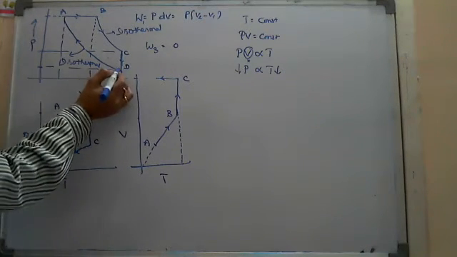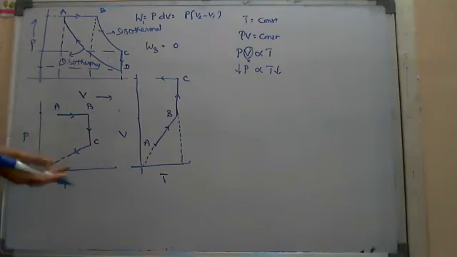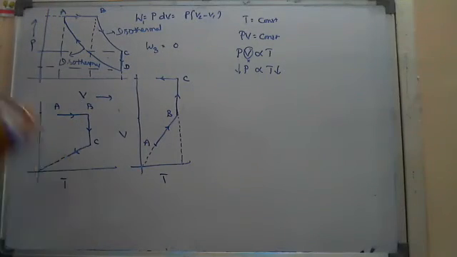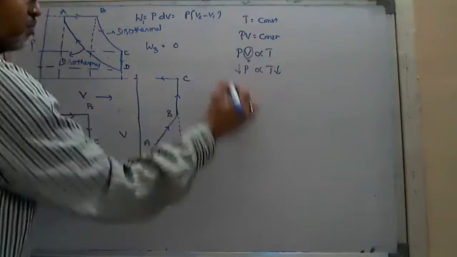And then here, if you see D to A, again isothermal. Isothermal means again temperature constant. I have to come to one constant temperature here, here also at one constant temperature.